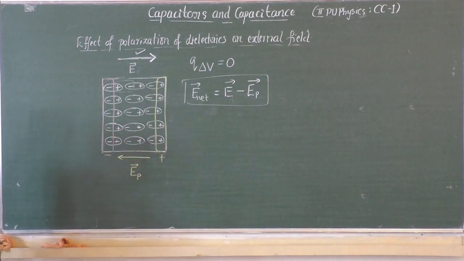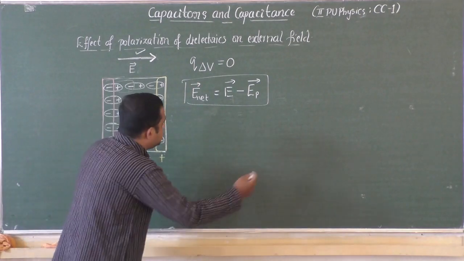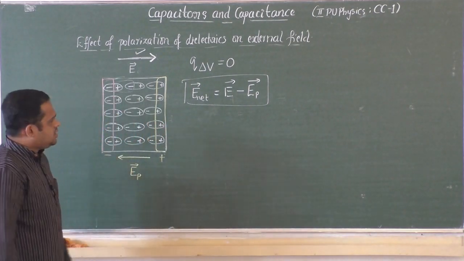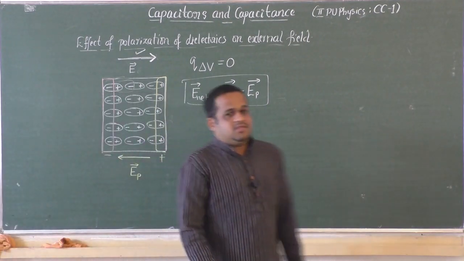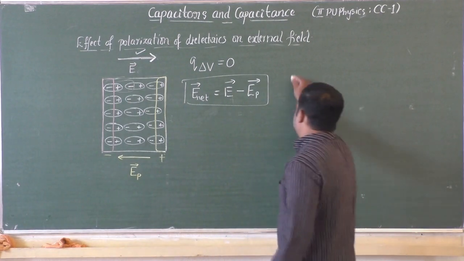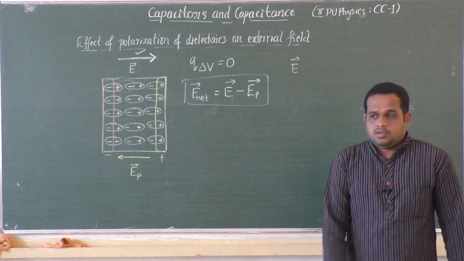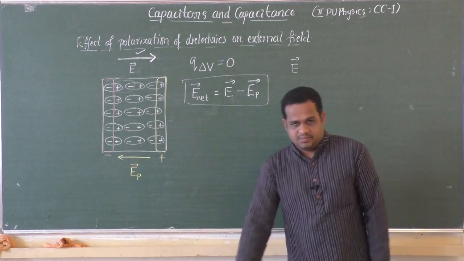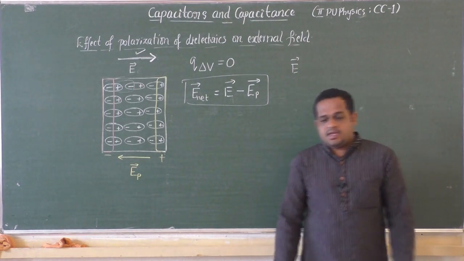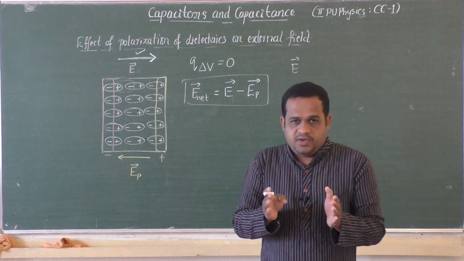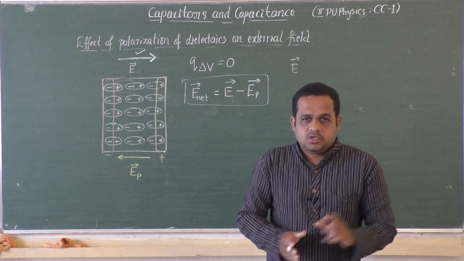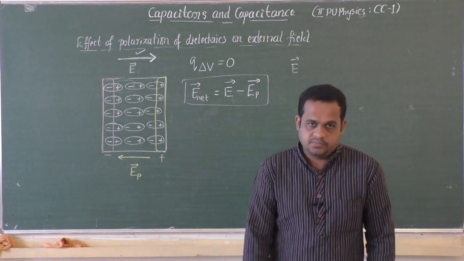Next, let us consider two more terms here. Now there is a limit for this external field. For a given dielectric medium, we can apply an external field only to a particular extent.